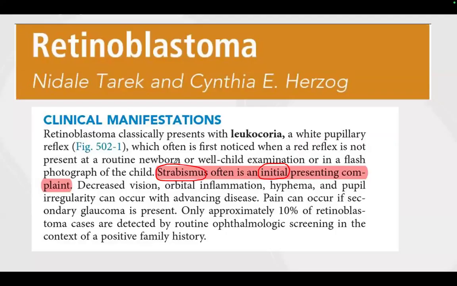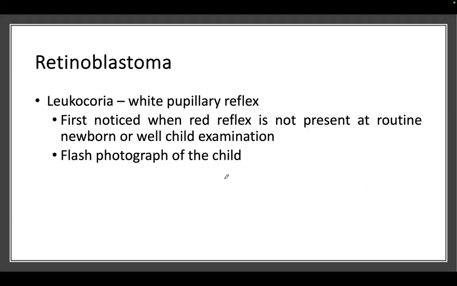Strabismus is often an initial presenting complaint. Leukocoria, usually you notice this when there's flash photography. Suddenly there's a reflection on the eye, and this is actually caused by the absence of the red reflex.